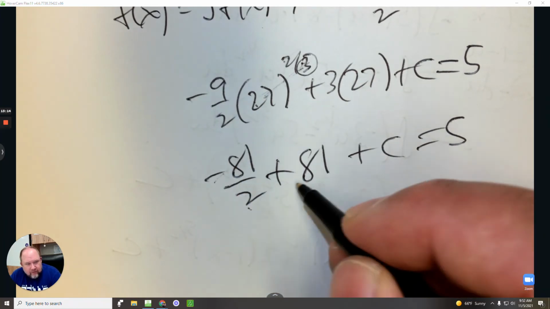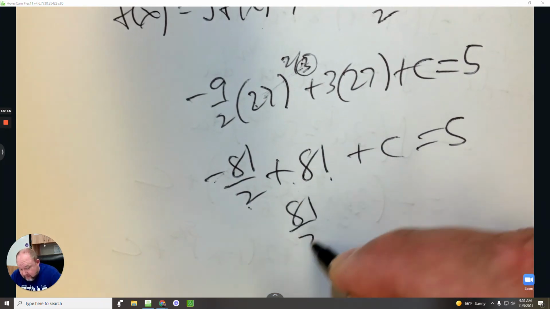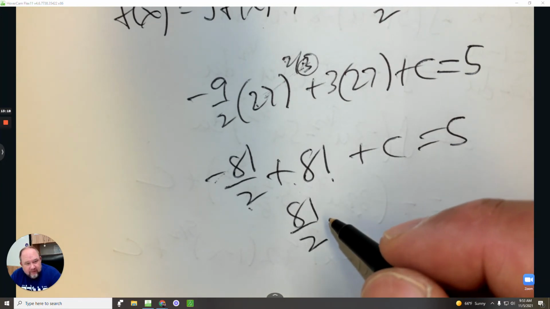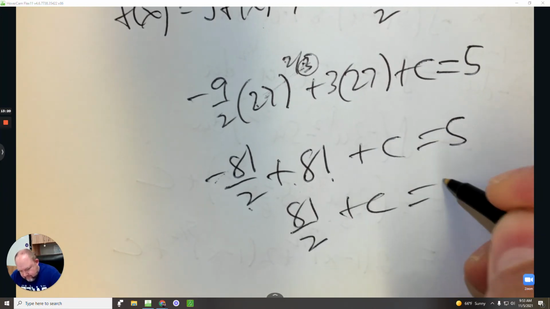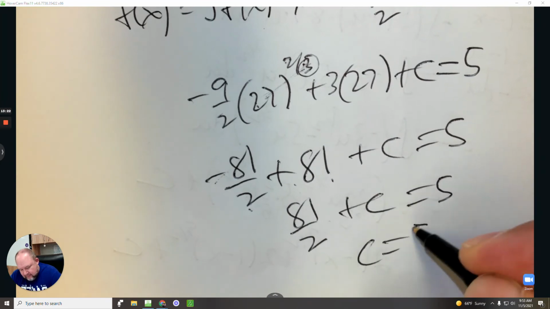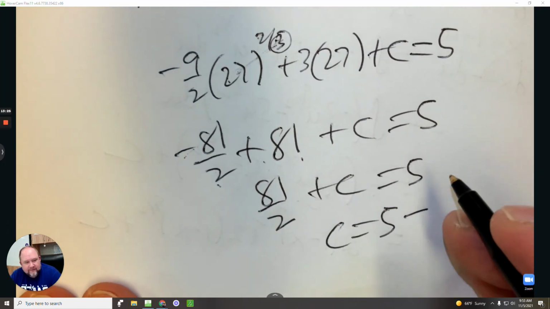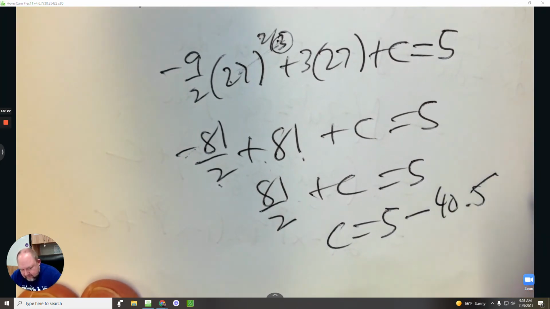Negative 81 over 2 plus 81 is actually positive 81 over 2. You could also change it to a decimal. And then subtract. So half of 81 is 40.5. So if I subtract it, what is it? Negative 36.5.